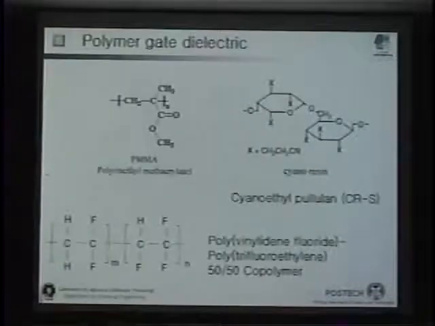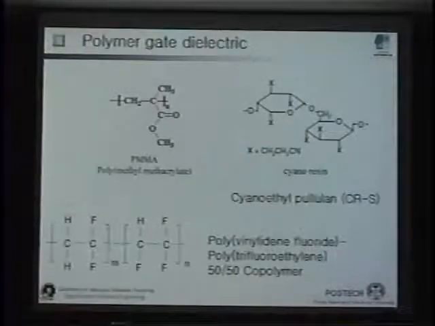So we tried PMMA and so-called cyanoethylene. This polymer is quite popular as an e-beam resist, but we tried it as a gate insulator. This copolymer is also quite popular.